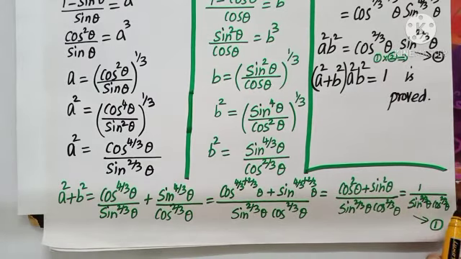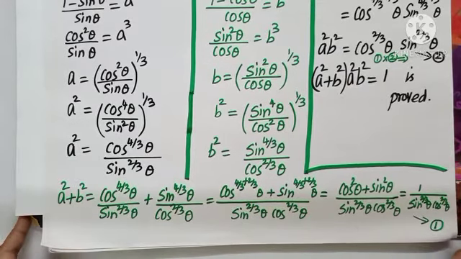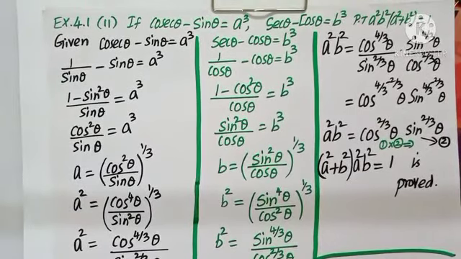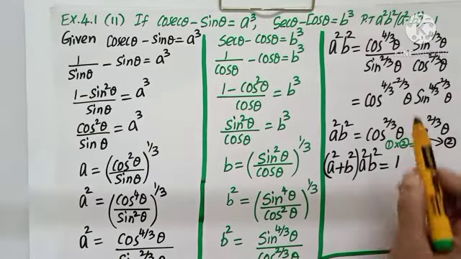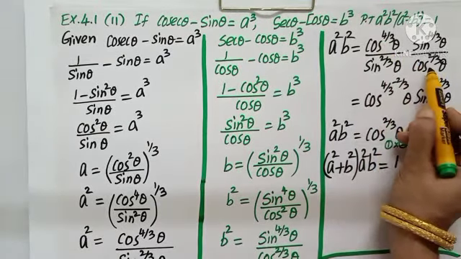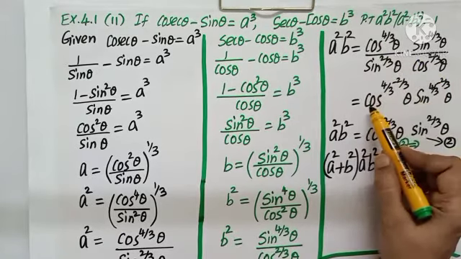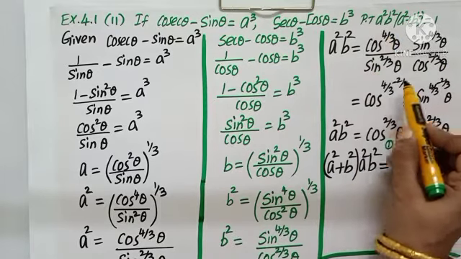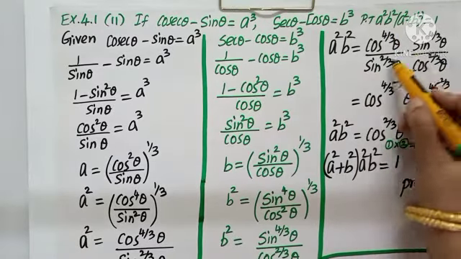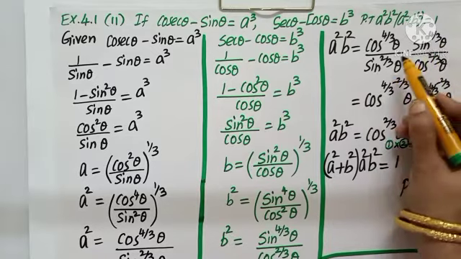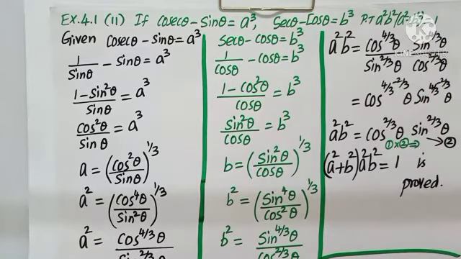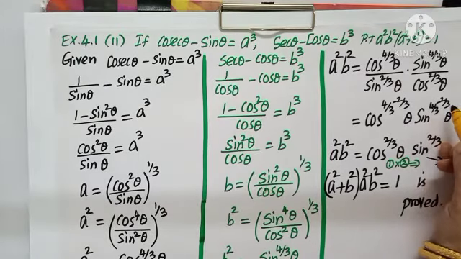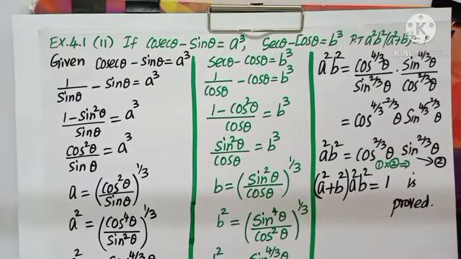Proceed on to a square into b square. As I find out a square into b square, both up and down I have cos. Cos power, subtract the powers: 4 by 3 minus 2 by 3. Similarly, sin and sin, up and down, let me subtract the powers. So I get sin power 4 by 3 minus 2 by 3 theta.